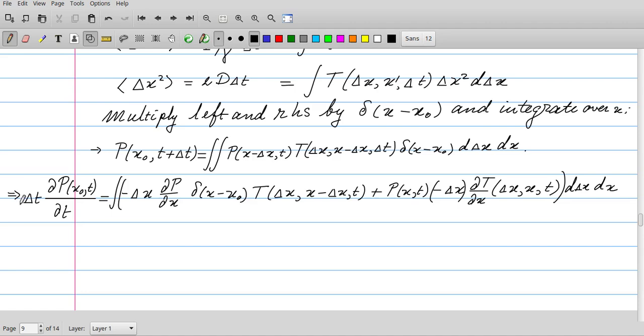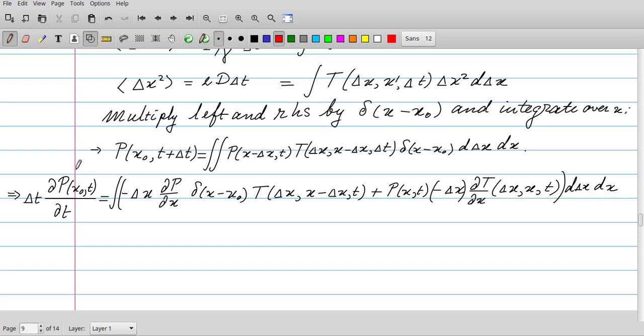So just as before, we can write that as delta t times dp/dt. And here I have restricted myself to the first order terms. The second order term, I will analyze that later. It would be too complicated to take it into account right away.